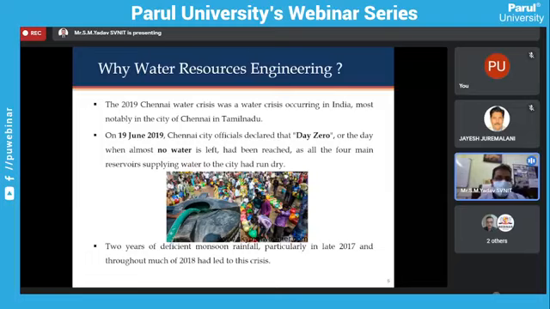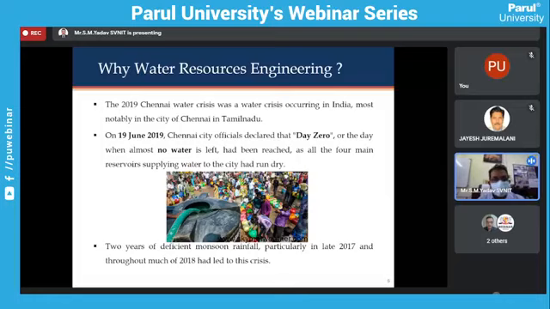In the history of water resources of India, there was a dark day, Day 0, 19 June 2019, when officials declared Day 0 for Chennai city. What is the meaning of Day 0? It is the day when almost no water is left, and it had been reached as all the 4 main reservoirs supplying water to the city had run dry.